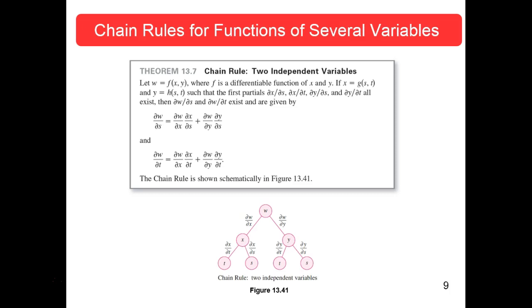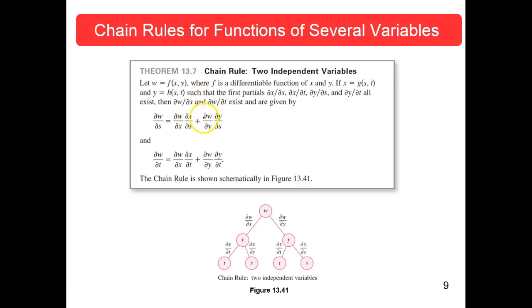And I would hope this is exactly what you would expect it to be. Partial of w with respect to s would be the partial of w with respect to x times the partial of x with respect to s. Now that looks a lot like what we did before, but before this was a single variable here, so this was a full derivative, not a partial. That was a partial, and this was a full. But now since x and y are functions of two variables, those are now partials.